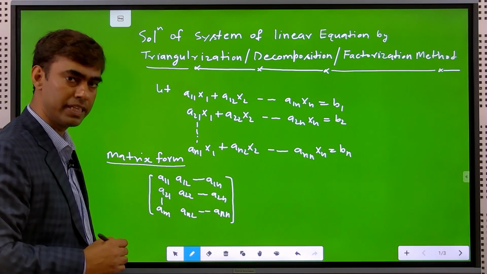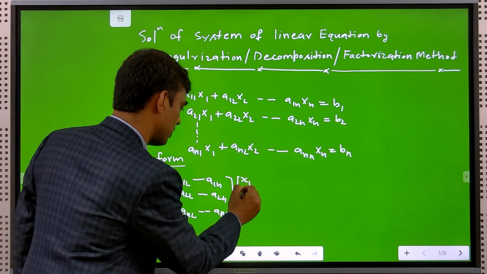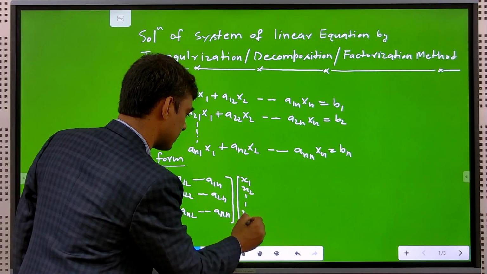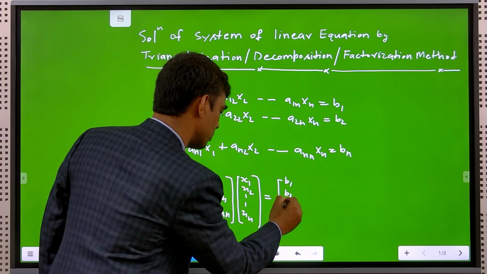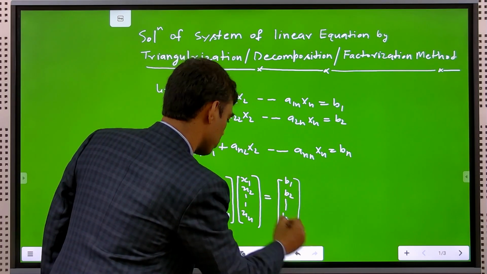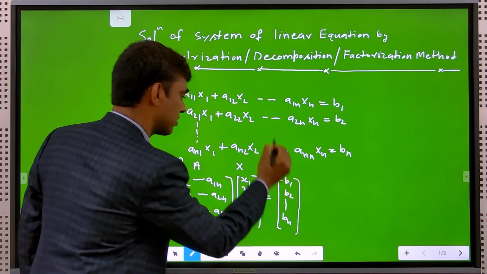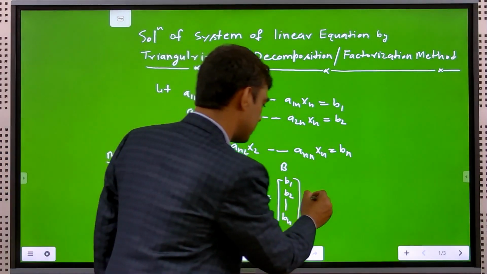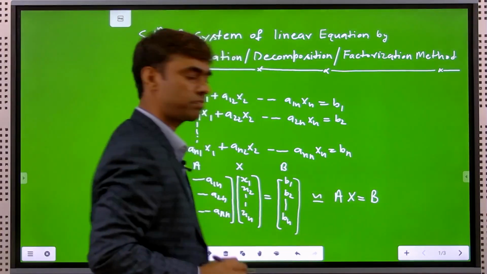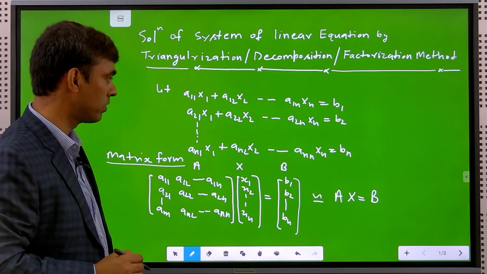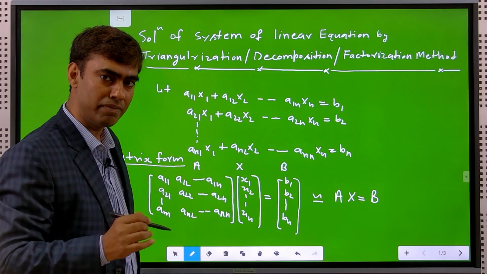This is the matrix A, this is the column matrix X with x1, x2 up to xn, and this equals the column matrix B with b1, b2 up to bn. So we may write this as Ax equals B.